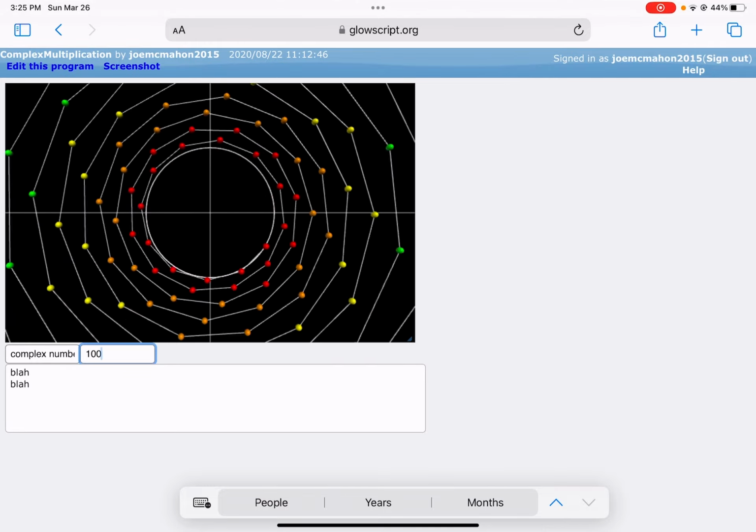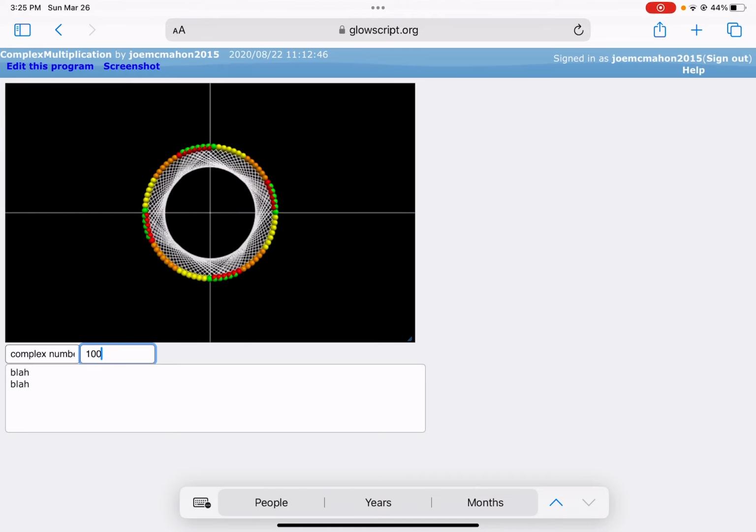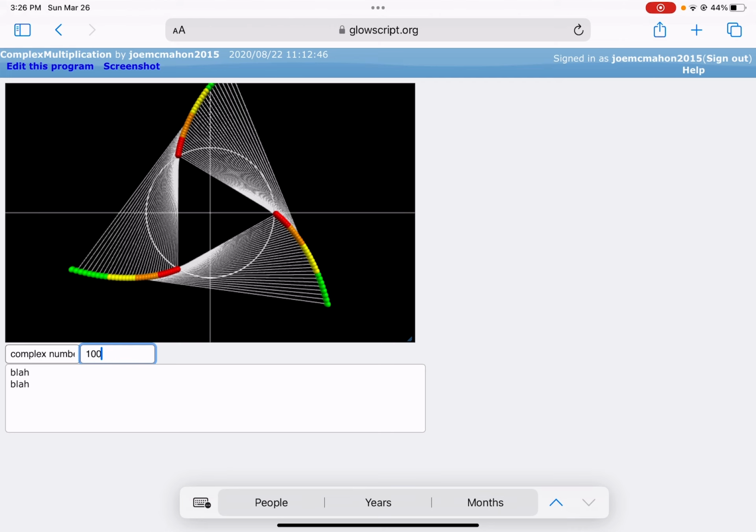It's multiplying complex numbers, but it's all got this beautiful symmetry and geometry to it. So anyway, just submit a picture of your favorite pattern there. That's a kind of cool one. And that will be that. Ooh, yeah, that's a nice one to end on.